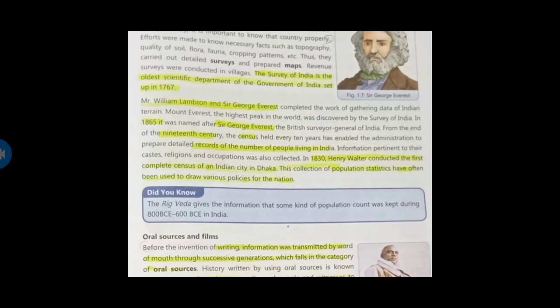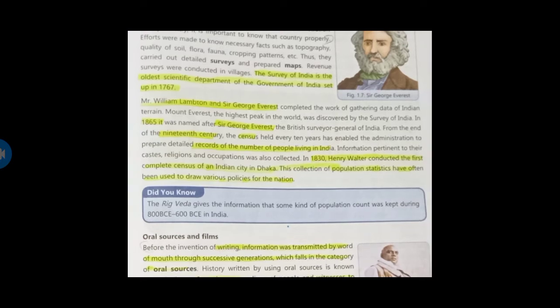See, Survey of India, it is told that highest peak, I think survey means something that will tell the height of that mountain. So Survey of India was that one, and the census was held after, meaning how many people are living.